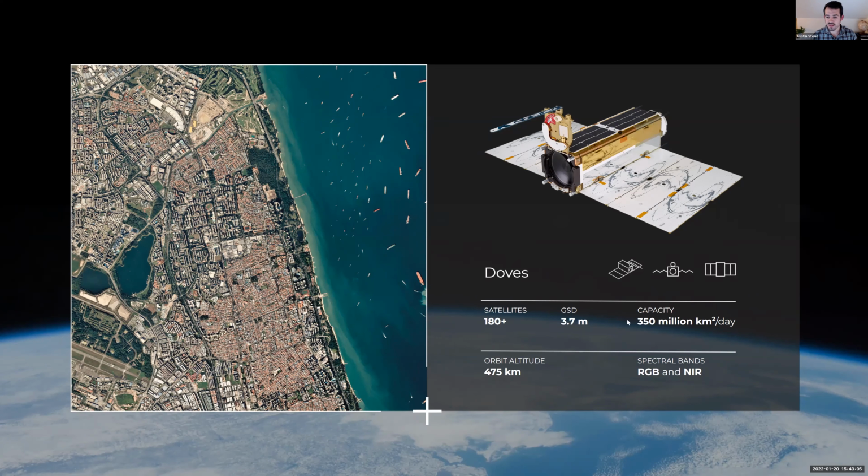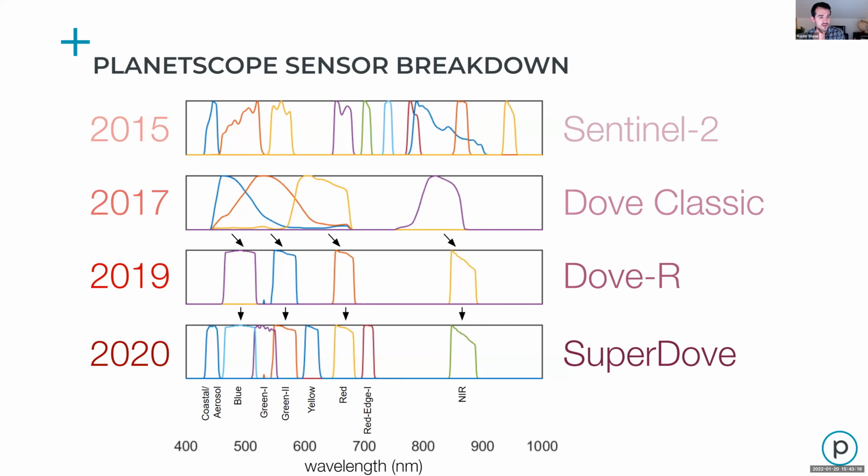It says right here that they're equipped with RGB and NIR, but now, like I said, with our new generation PlanetScope sensors, we now have 8 bands. And to put that into comparison, here are the different generations of our PlanetScope sensors. I'll start with Sentinel-2, which is the European Space Agency satellite.